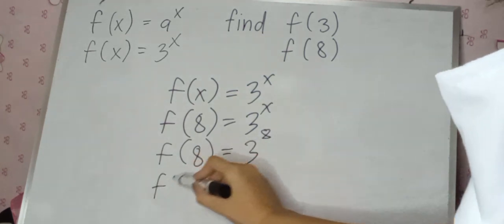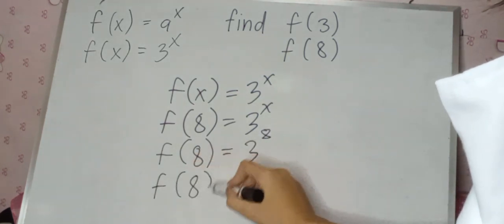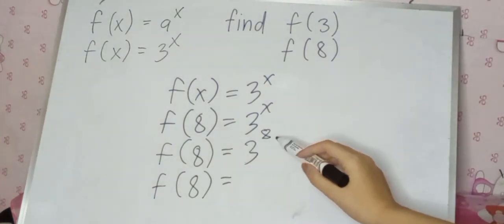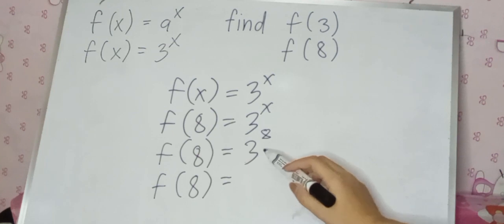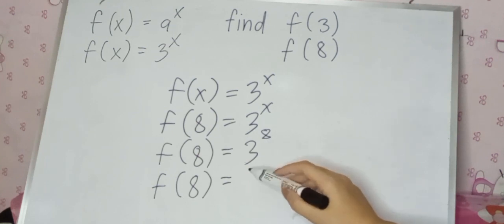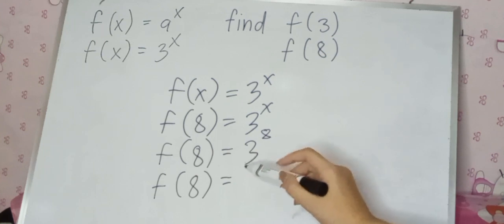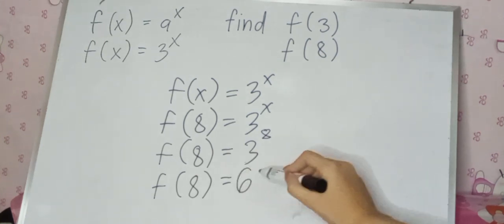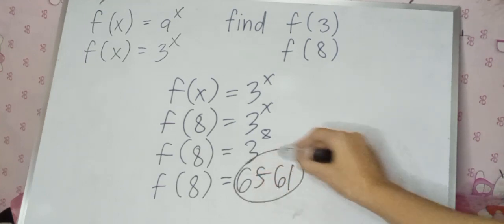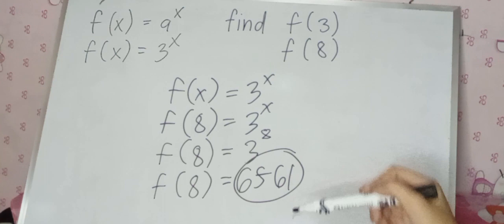Now, compute nyo na yung final answer. 3 raised to 8 is equals to, 3 at 8 yung isusulat, yung ilalagay nyo sa calculator. So, ang sagot is 6561. That's the final answer.